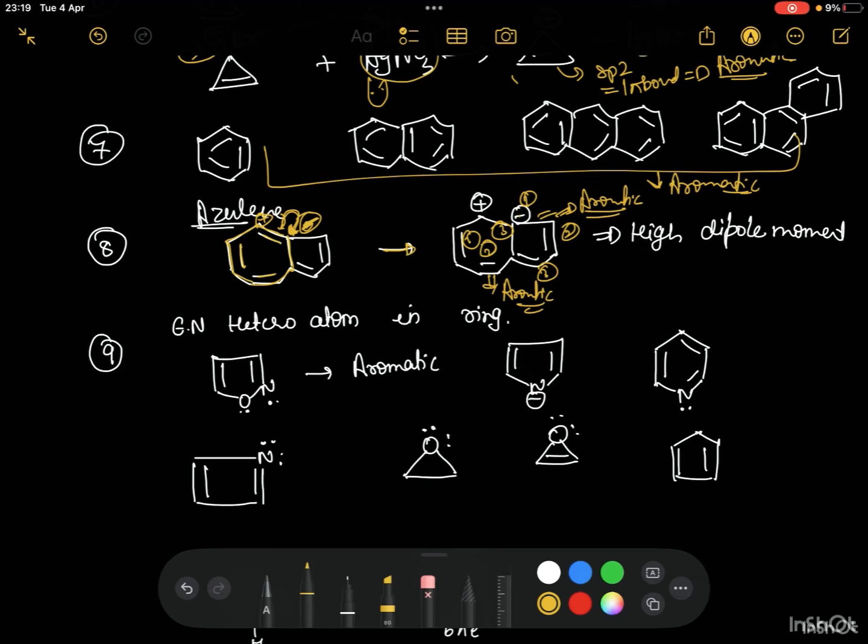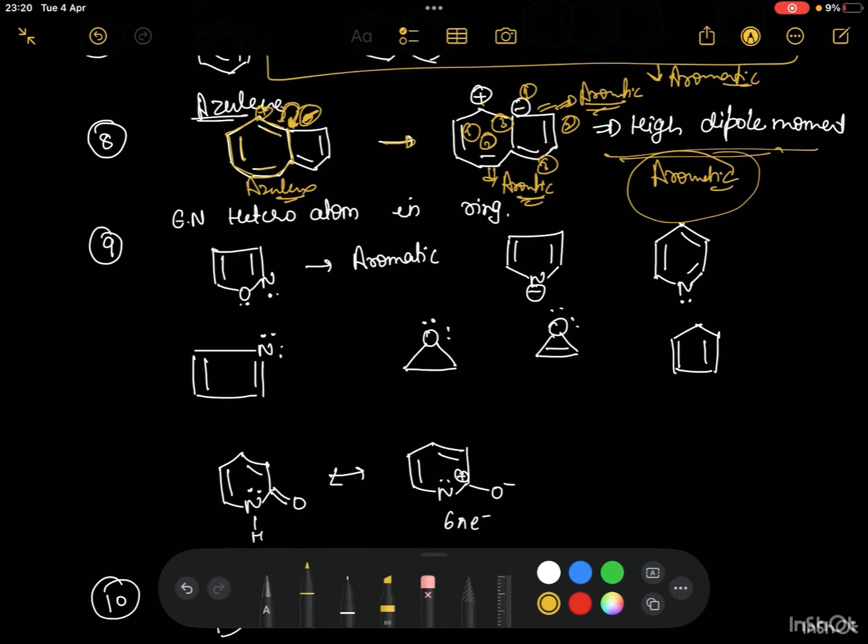Due to its high dipole moment, this system is aromatic. If this is an azulene system, the examiner can ask why azulene is aromatic. Because it has a high dipole moment, with positive and negative charge separation, and both rings become aromatic. So this compound is aromatic.